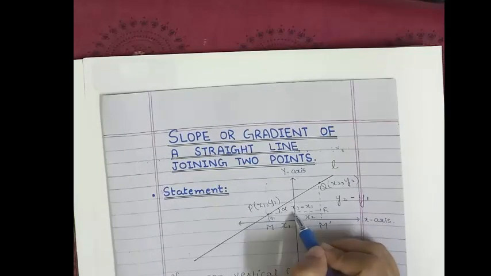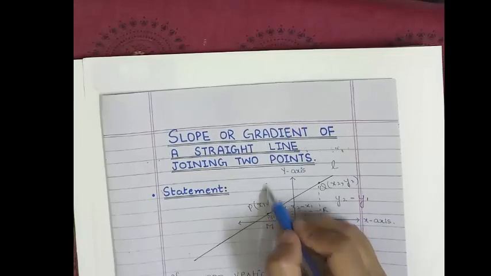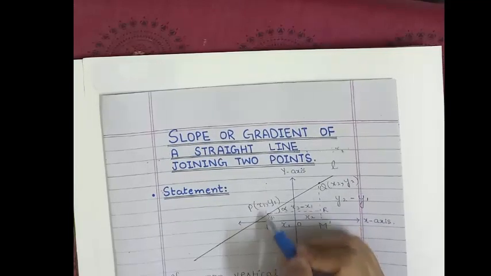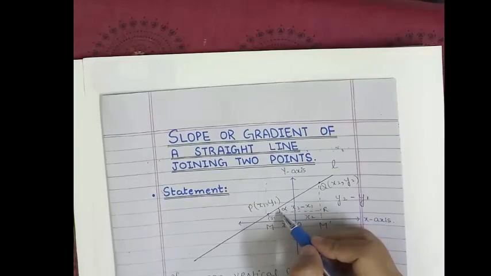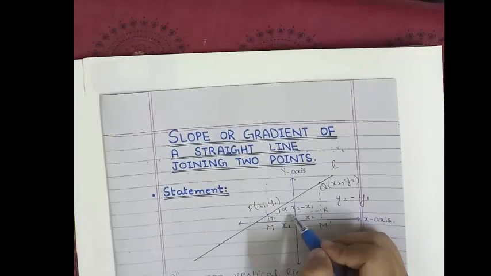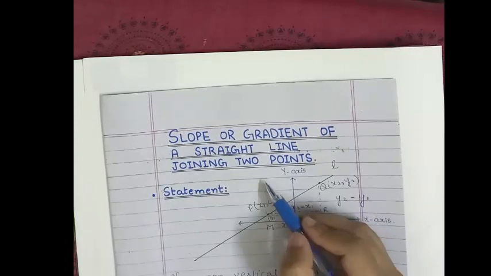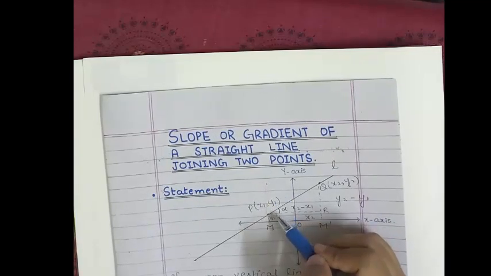This line represents 0 if we consider it in a quadrant, this line represents pi by 2 and this line represents pi. So this is alpha and we will check between 0 to pi by 2, what value this inclination will give us.